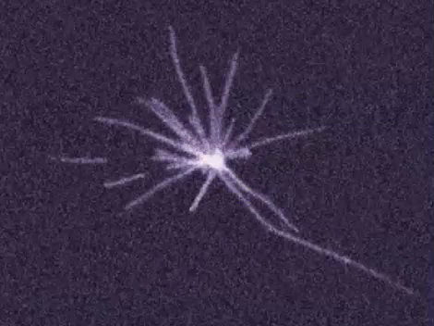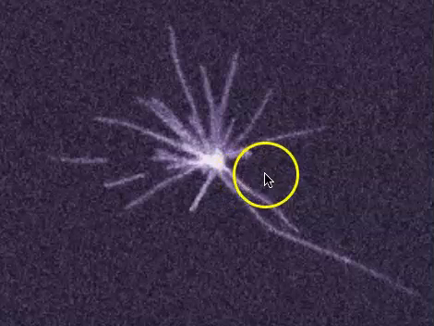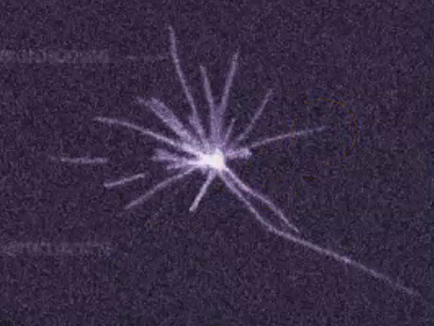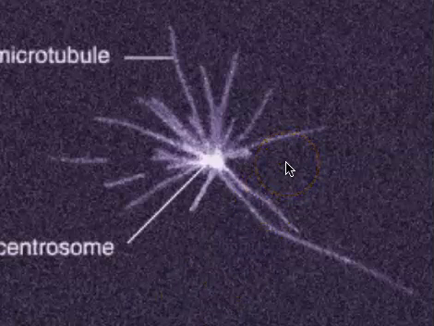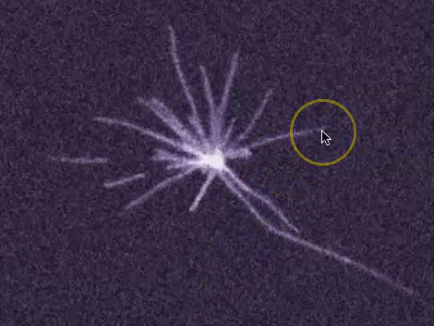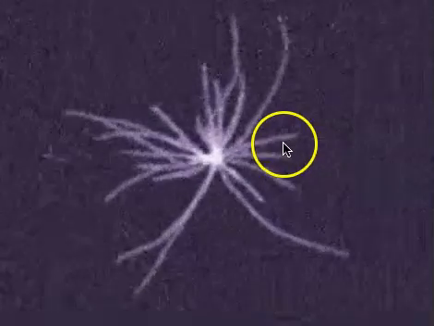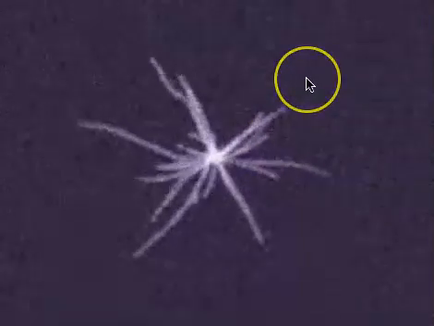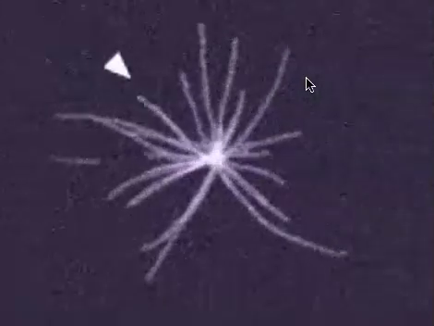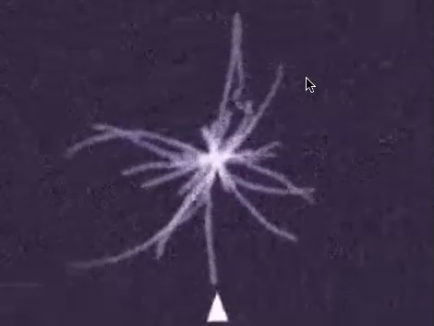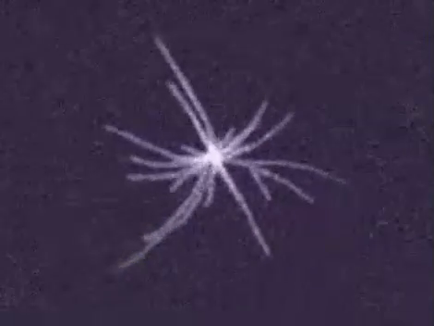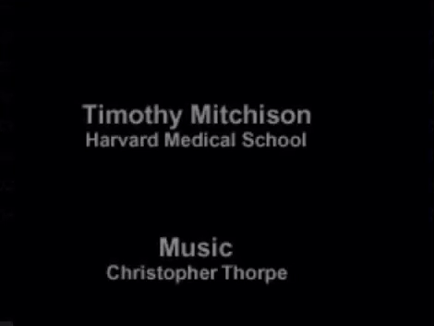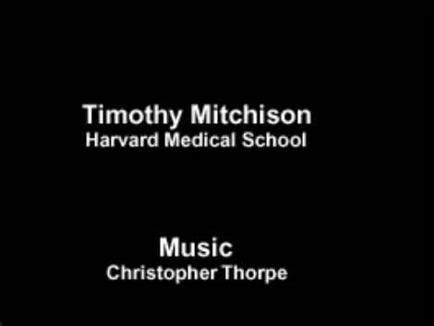You'll notice that if you pay attention to one microtubule, as I play the video clip again, if you watch one microtubule, you can see it getting longer and shorter and longer and shorter across time. The cell is constantly altering the length of its microtubules because it needs them to do different jobs in the cell at different times.